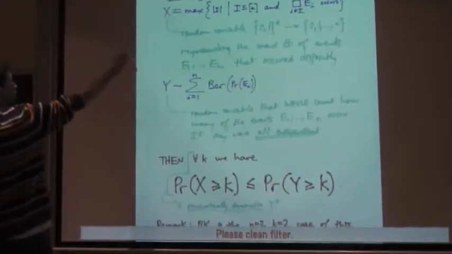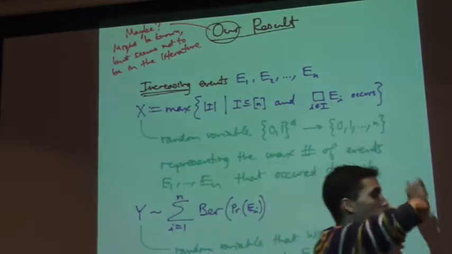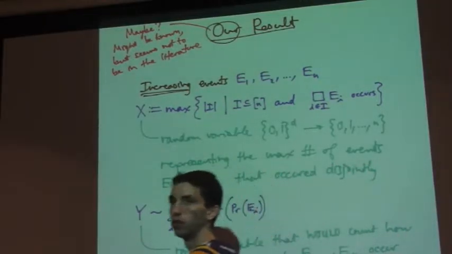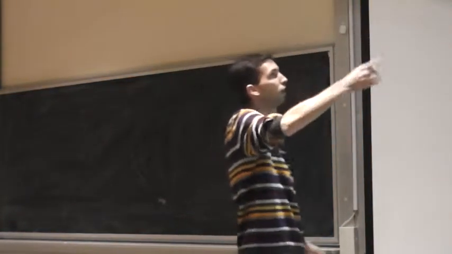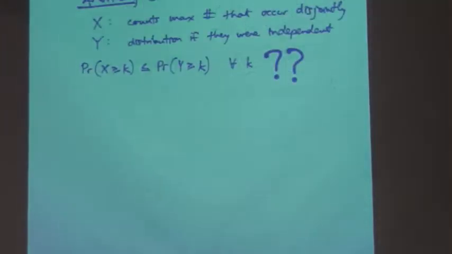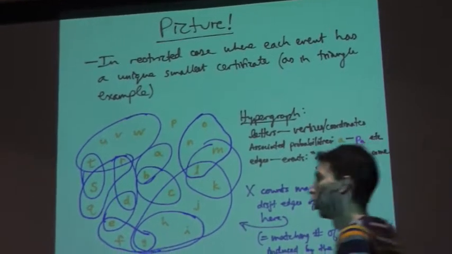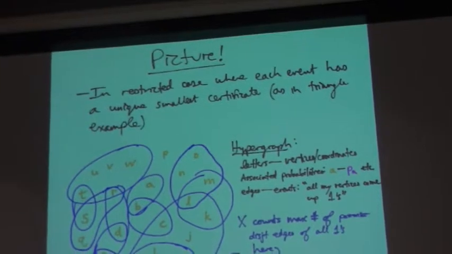However, if we restrict ourselves to the case where all of the events are of the form that some set of coordinates all come up 1s, then there's a beautiful picture that we can draw. In order to draw this picture, I'm restricting to the case that all the events are principal.